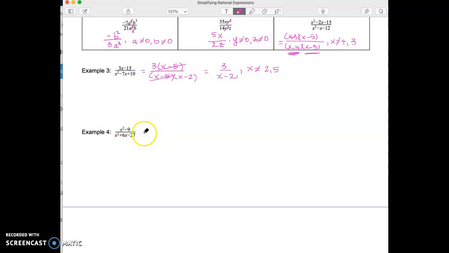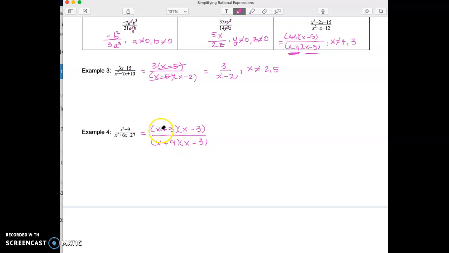And then for number 4, x squared minus 9 is a difference of squares, which factors x plus 3, x minus 3. In the denominator, things that multiply to give me 27, that when I add them I get 6, would be a 9 and a 3. The 9 would be the positive.